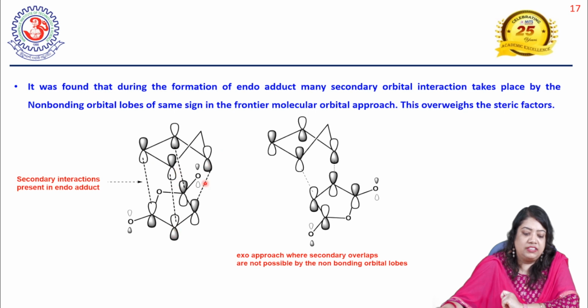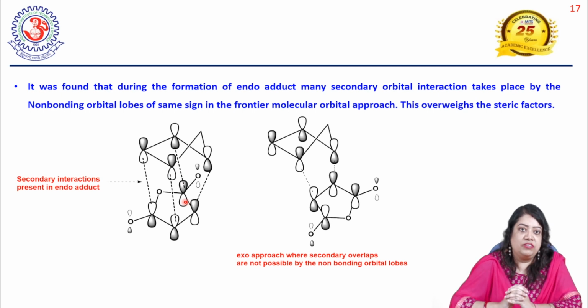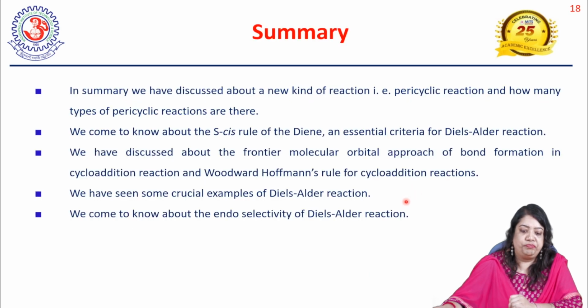Here, along with these HOMO-LUMO interactions, many secondary orbital overlaps are also taking place from the backside of the molecule, and it gives extra stability to the molecule. So, although steric interactions are present in the case of the endo adduct, the secondary orbital overlap outweighs these steric interactions, and that is why we get this product in major amount during the Diels-Alder reaction.